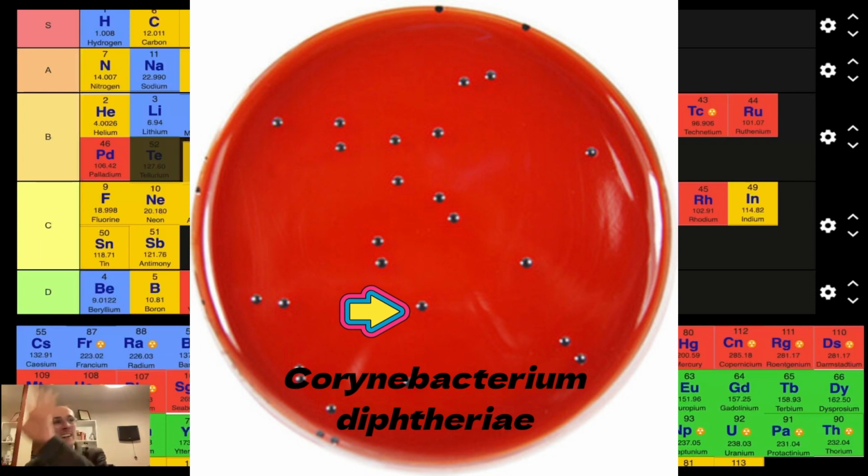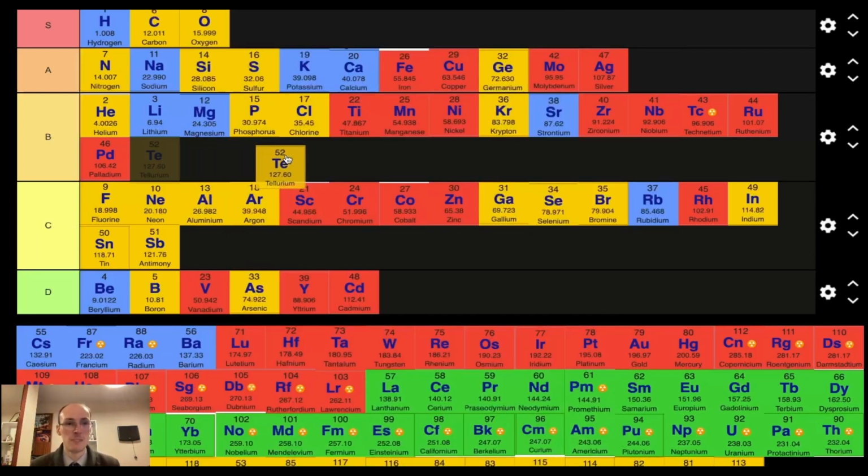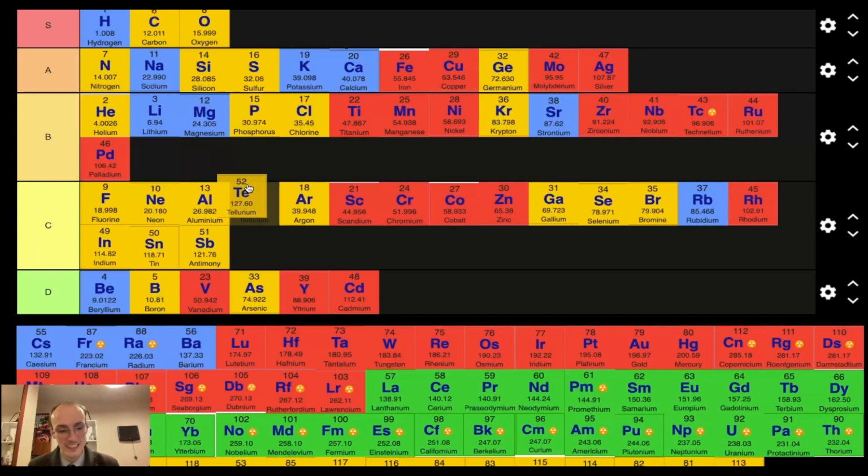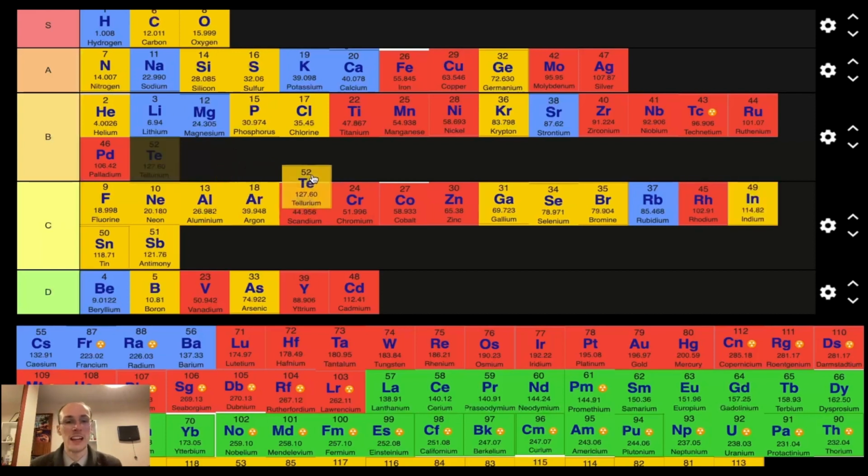So all the microorganisms that live in the respiratory tract. If you want to differentiate this Corynebacterium diphtheriae from all the others, you can grow a sample on this Hoyle's agar, which has got tellurium in it, and you'll just be left with that. So microbiology, yay. Tellurium is going in the B section.